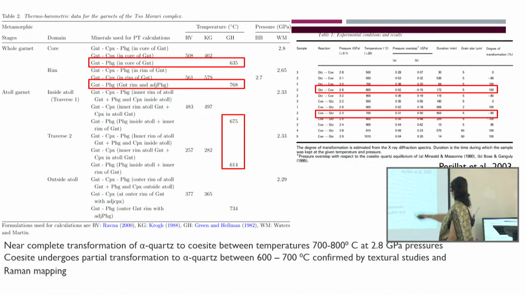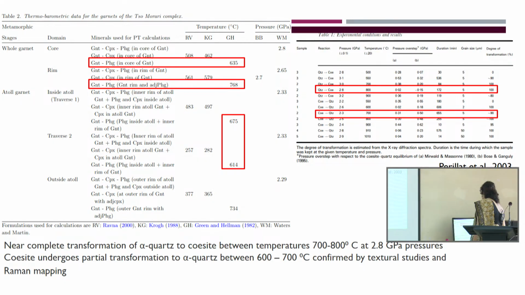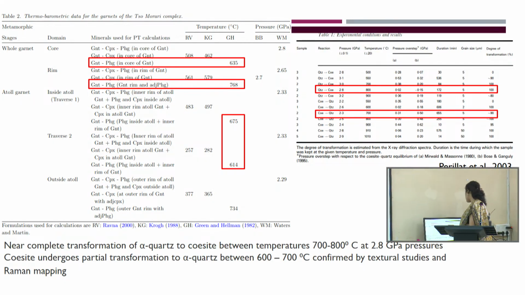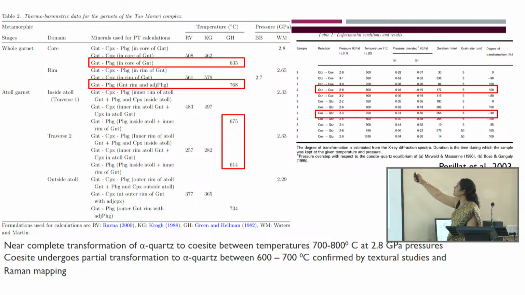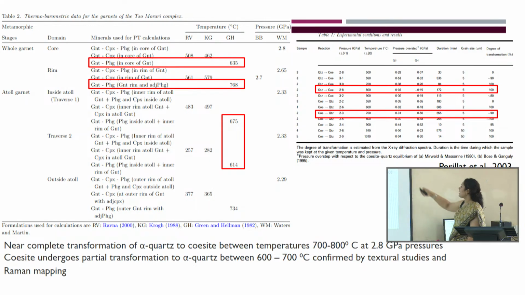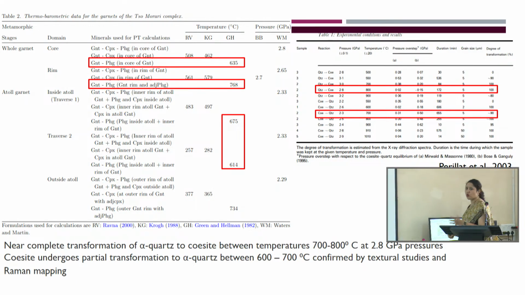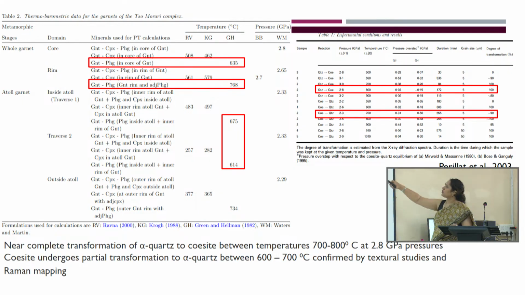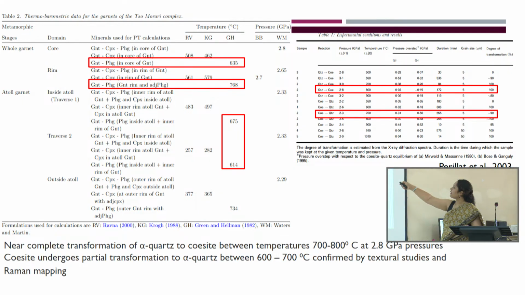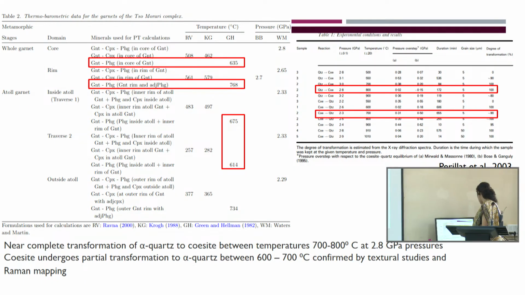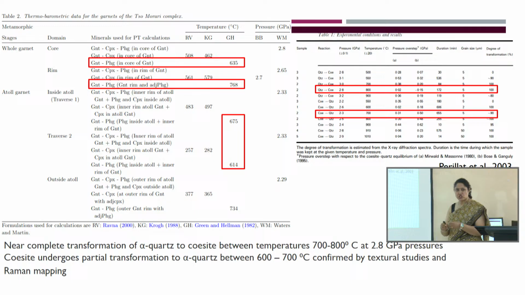It says that the quartz to coesite transformation, the complete transformation of 100%, happens at a temperature close to 800, and the pressure given is 2.8. Of course the pressure doesn't match very well, but the temperature definitely matches.